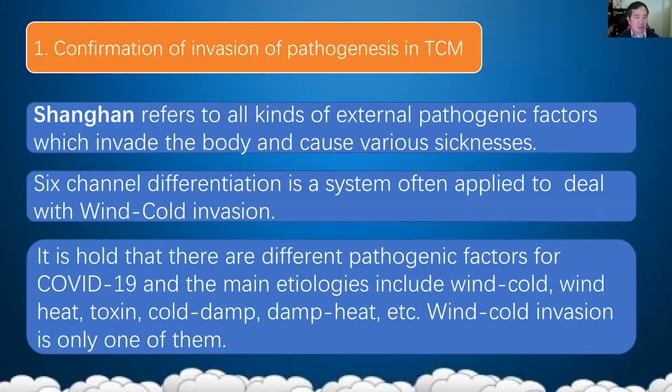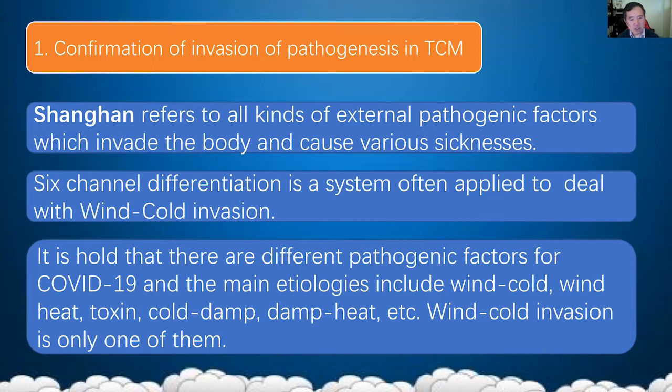Shanghan Lun, which is the very famous book, is going to be used to introduce 6-channel differentiation in this treatment. Why is it important? Because there are different pathogenic factors involved in the pandemic infections.